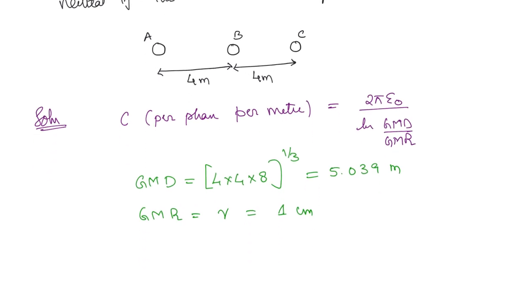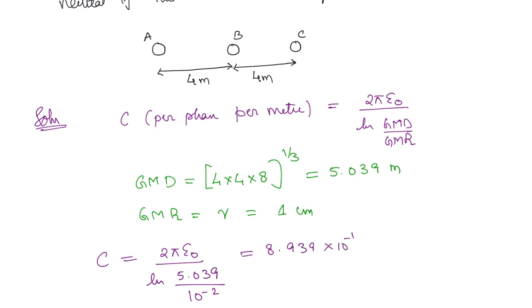Now you can find out the capacitance per phase per meter, 2 pi epsilon naught divided by ln 5.039 meters divided by 10 to the power minus 2 meters, or you can write 503 centimeters divided by 1 centimeter. Thus you are going to get 8.939 into 10 to the power minus 12 farad per meter.